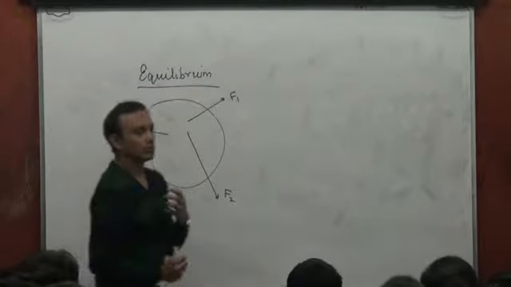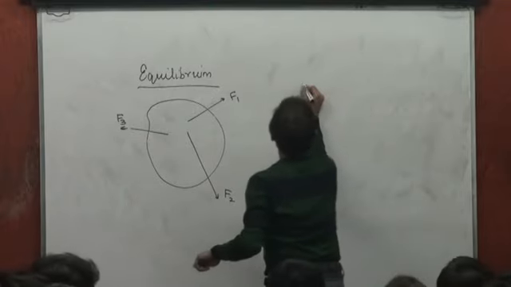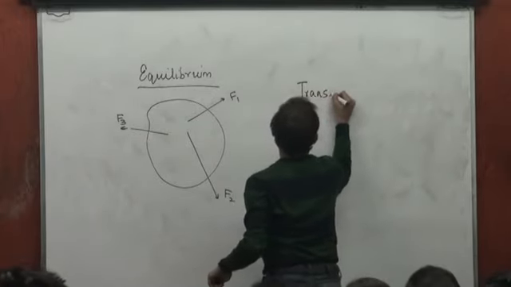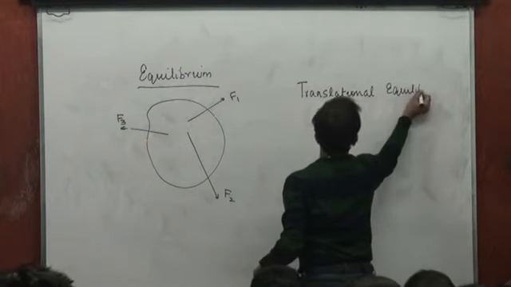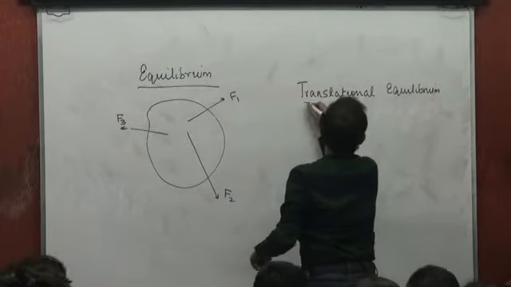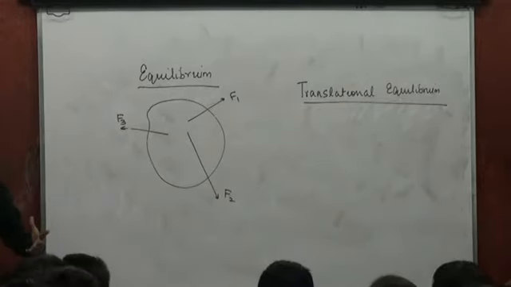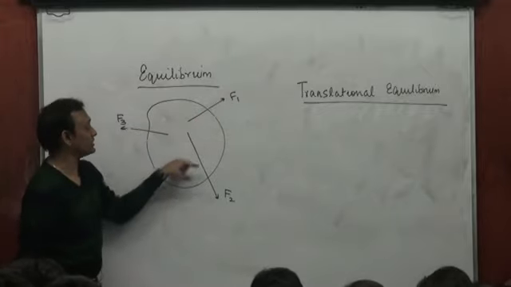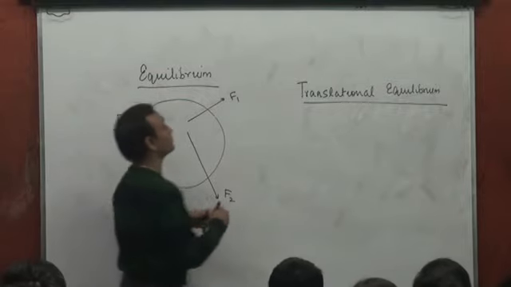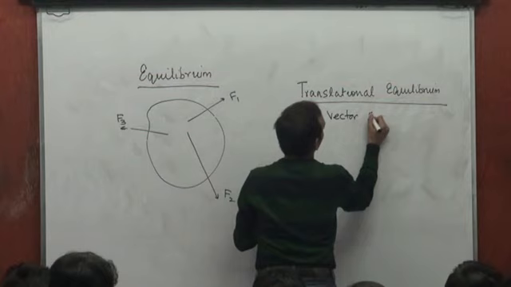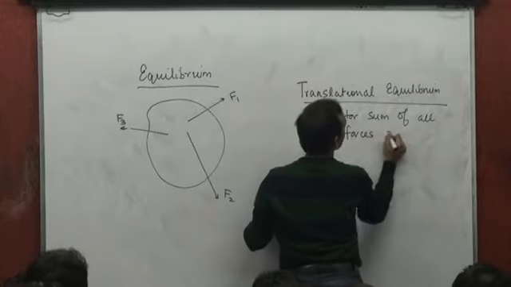Now, one aspect of equilibrium is what we refer to as translational equilibrium. Translational equilibrium would occur when the vector sum of all the forces is 0. That means this force vectorially added to this force vectorially must be 0. That will produce translational equilibrium. That is, vector sum of all forces is 0.